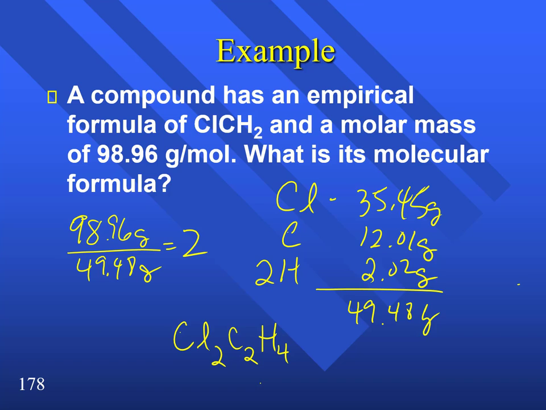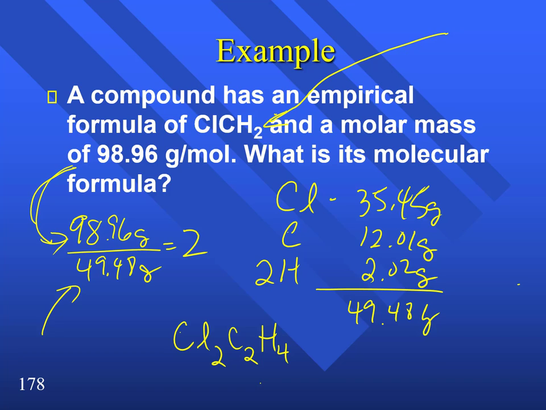So all I did was take the molar mass they gave me and divide it by what the empirical formula weighs. Pretty straightforward. But don't forget, where the heck did I get ClCH2? Somebody told me a percent.